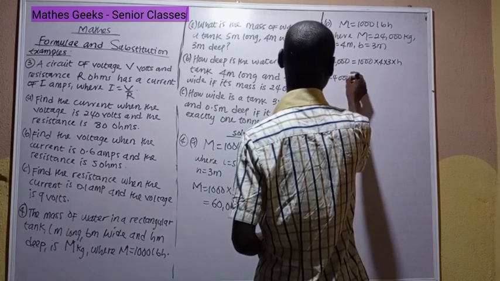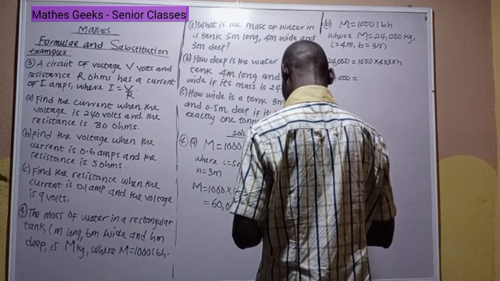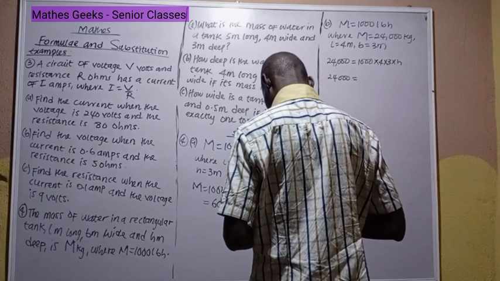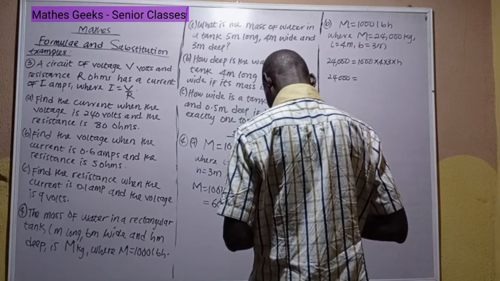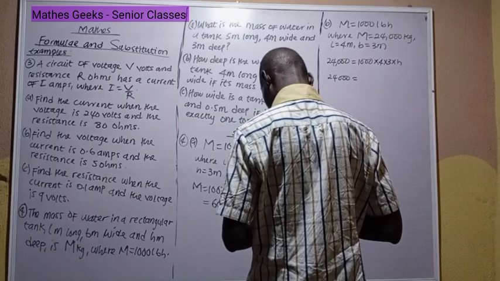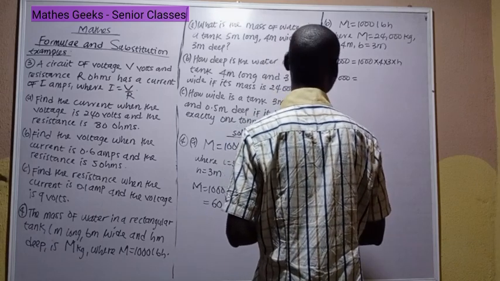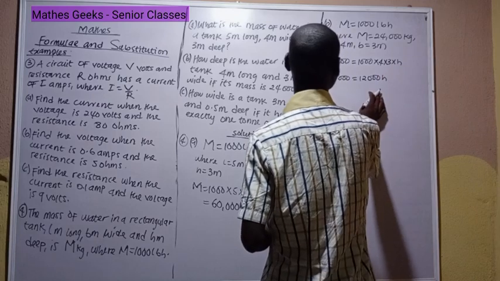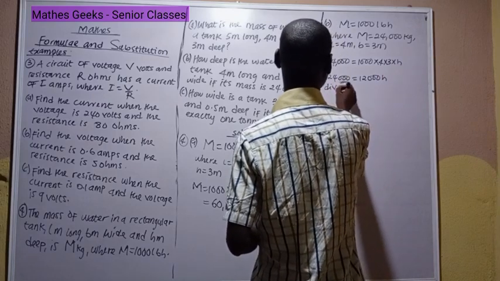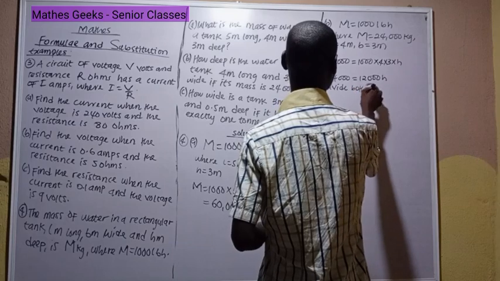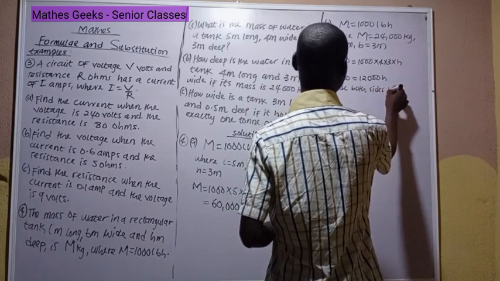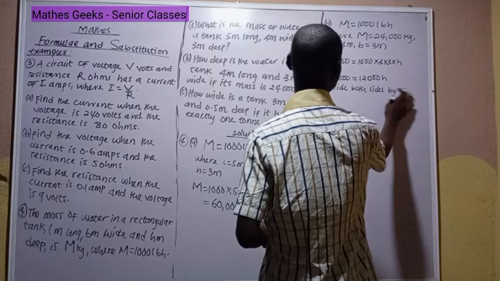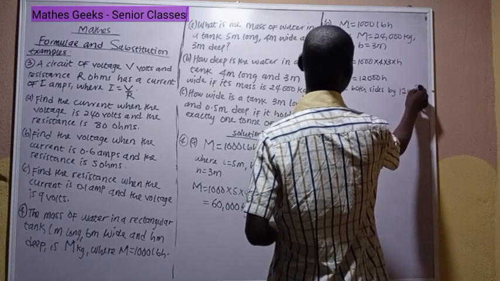So 24,000 is equal to 12,000 h. So divide both sides by 12,000.